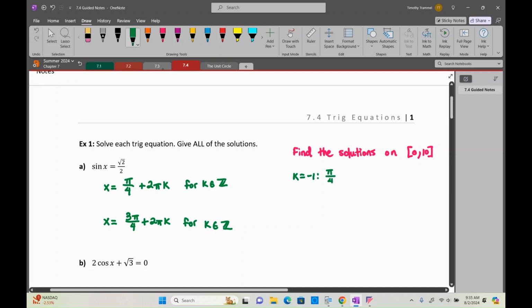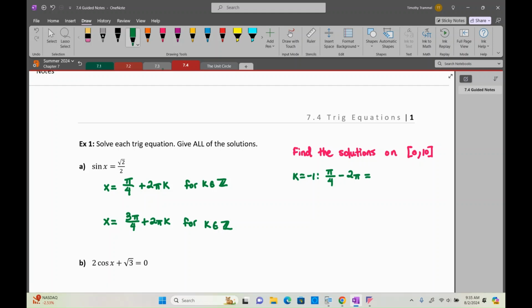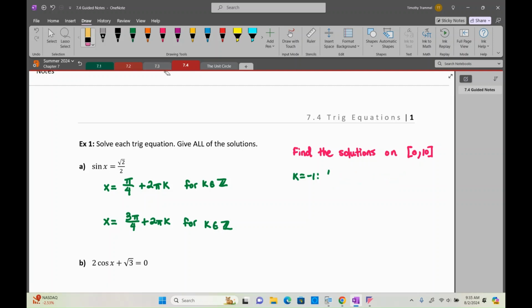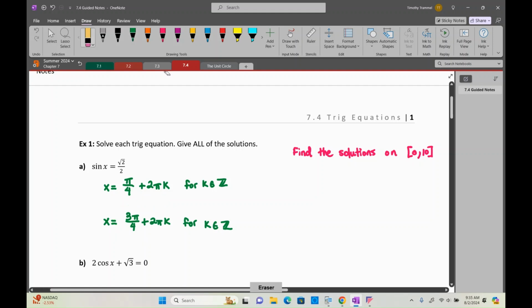Pi over 4 minus 2 pi. Which, if we got a common denominator here, we'd have pi over 4 minus 8 pi over 4. So this would give us minus 7 pi over 4. Well, that is not in between 0 and 10. It's negative. And the same thing will happen here if I try a negative value on this one. I'll get a negative angle x.